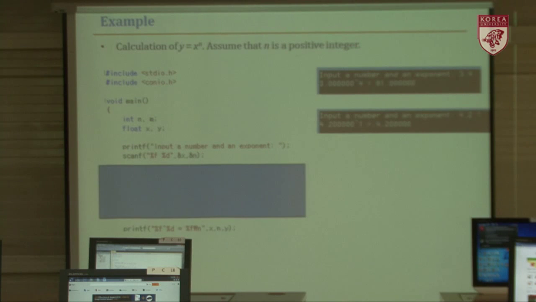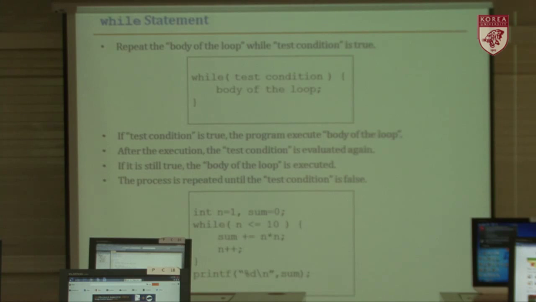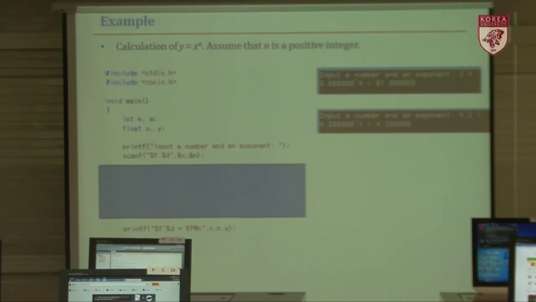Okay, so I'm going to repeat the same explanation in English. So if you already understand it, please practice this one. Otherwise, let me explain about the while statement. Okay, so in C, in order to calculate x to the n, basically you need to multiply x n times, right?